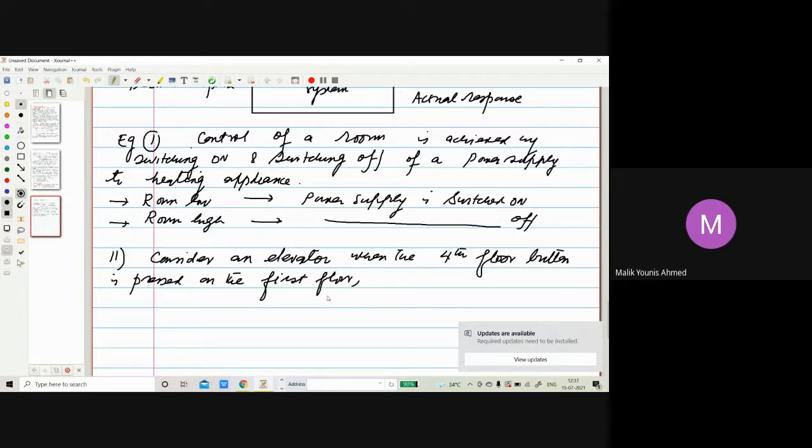That means when the fourth floor button is pressed while you are on the first floor, what will the elevator do? The elevator will rise to the fourth floor, with a particular speed and floor leveling accuracy.